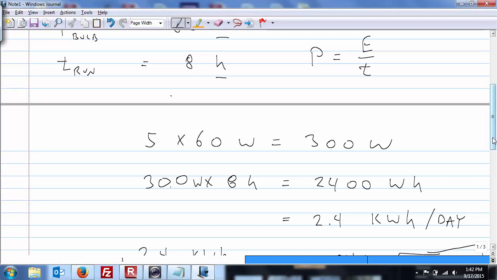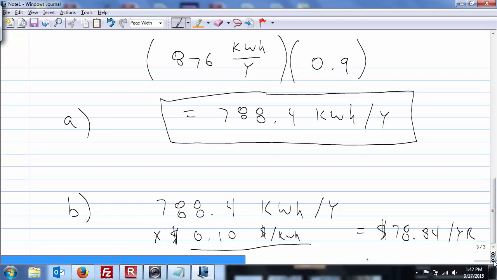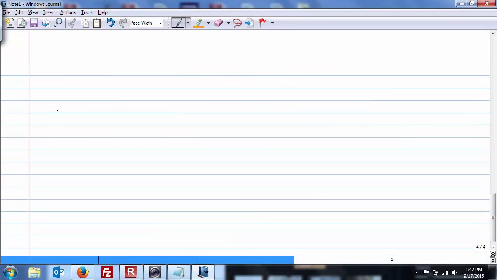So I'm just gonna run it like so. I know what I'm looking for in the end is the amount of energy, some total amount of energy. And I know that the more bulbs that I use, so N bulbs, so I'm just going to say energy equals, so I'm going to get bulbs in the numerator.